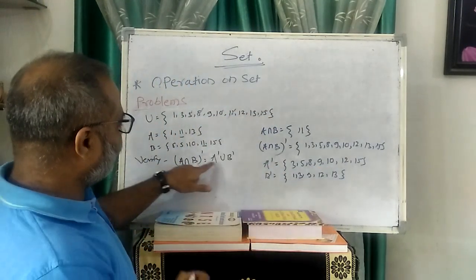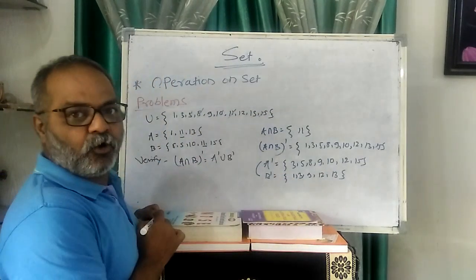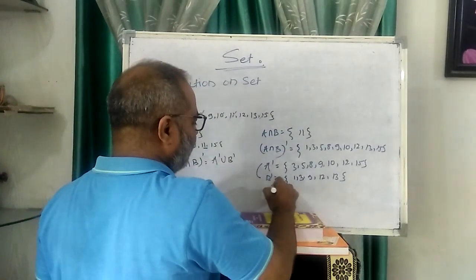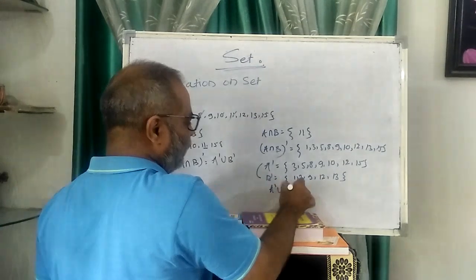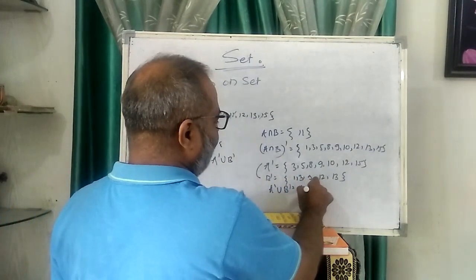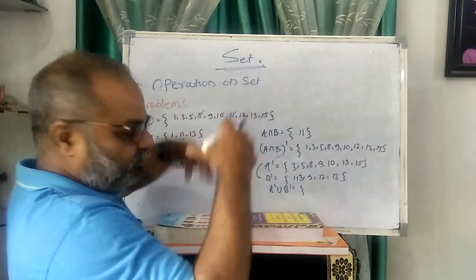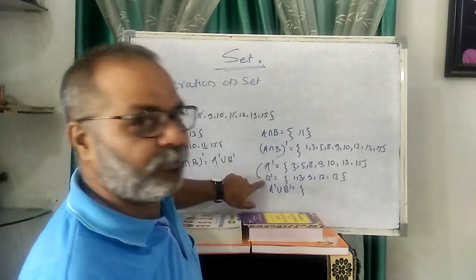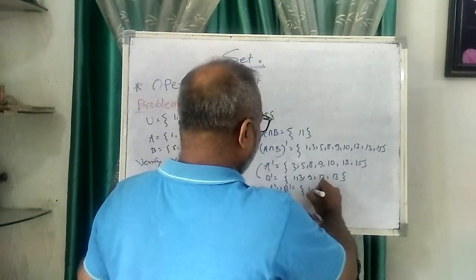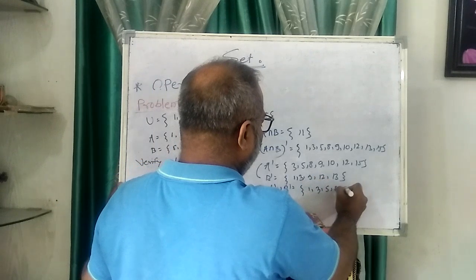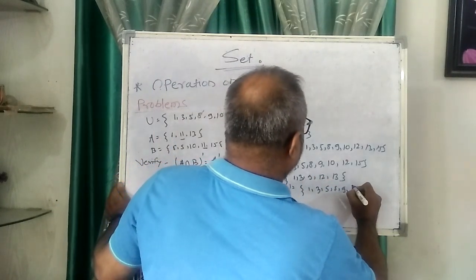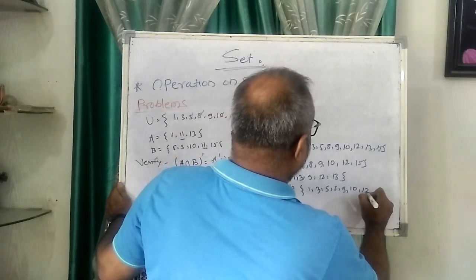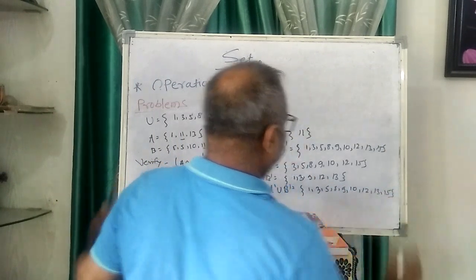Now I want to find the union of A complement and B complement. I add all the elements of A dash and B dash. So here is 1, 3, 5, 8, 9, 10, 12, 13 and 15.